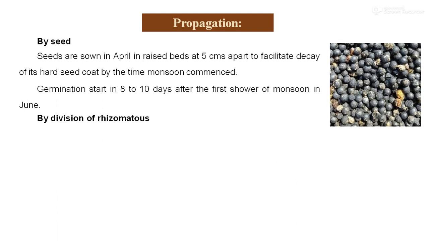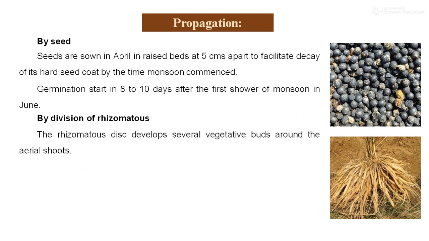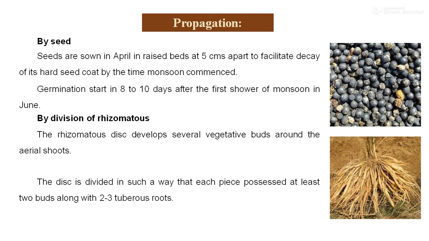The second type of propagation method is vegetative. Under the vegetative category, it is propagated by the division of rhizomes or rhizomatous roots. The rhizomatous disc develops several vegetative buds around the aerial shoots.